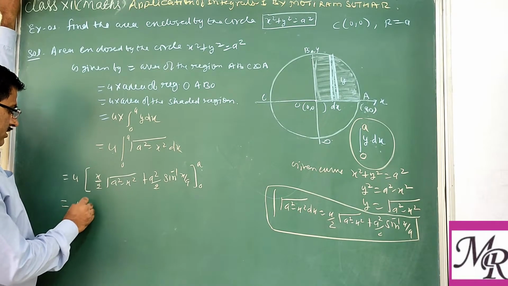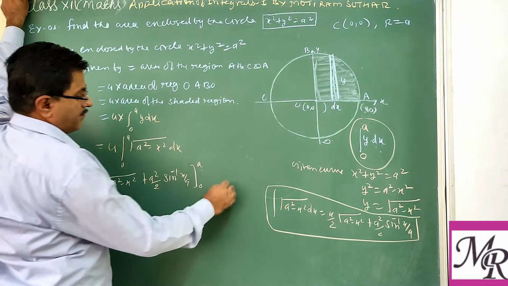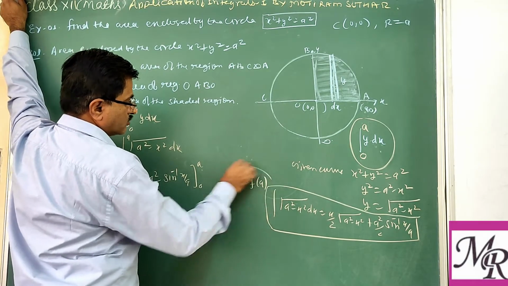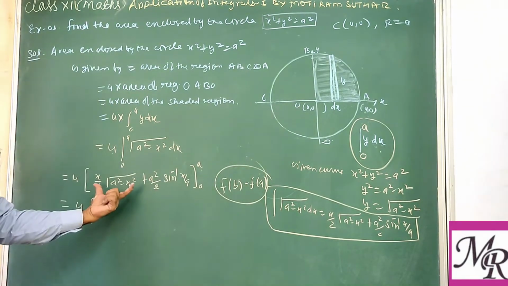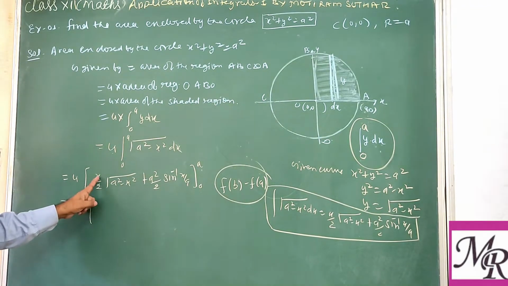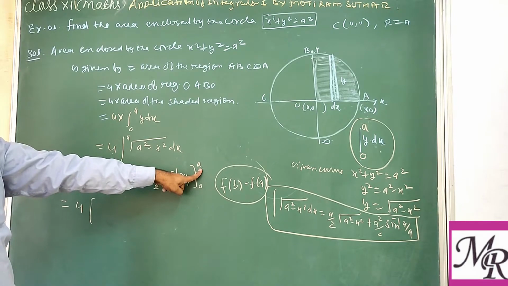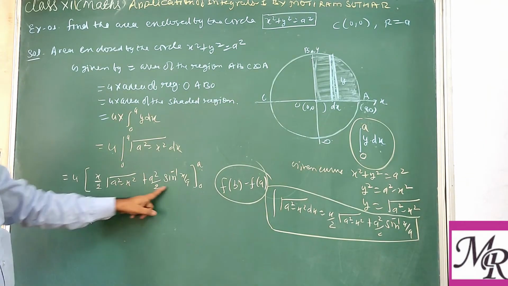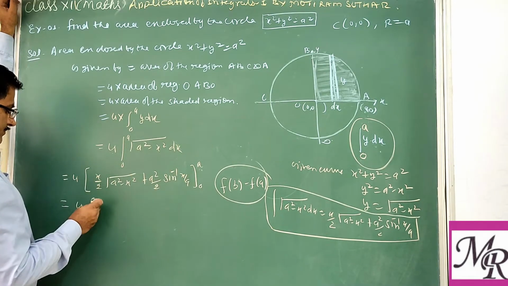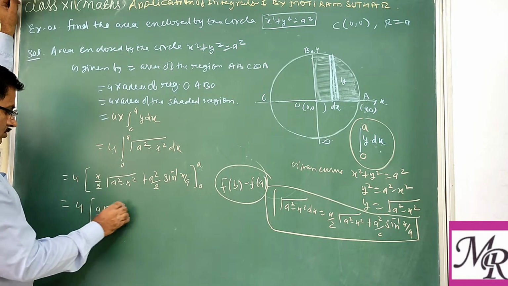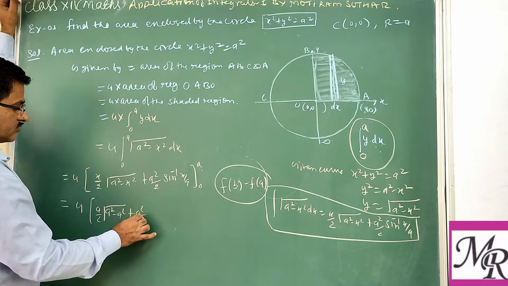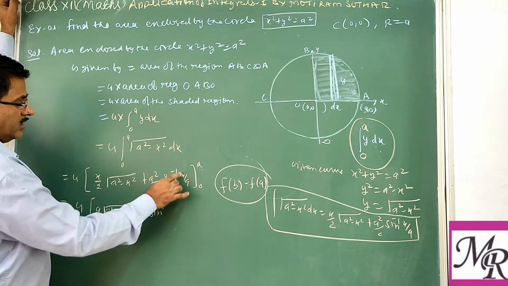So we may write the fundamental theorem, F(b) minus F(a). So what do we use? The upper limit minus the lower limit. So all x we first replace by a, then minus all x replaced by 0. So here a by 2 root of a square minus a square, plus a square by 2 sin inverse a by a.